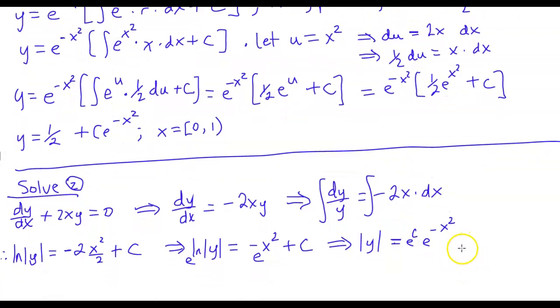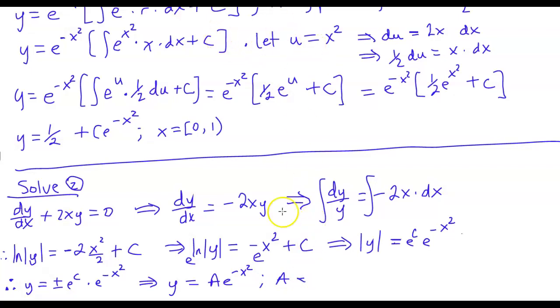So now from here, that means that y, according to our absolute value properties, would end up being plus or minus e raised to the c times e raised to the negative x squared, which means that y here would be a e raised to the negative x squared, where our a here would be plus or minus e raised to the c.